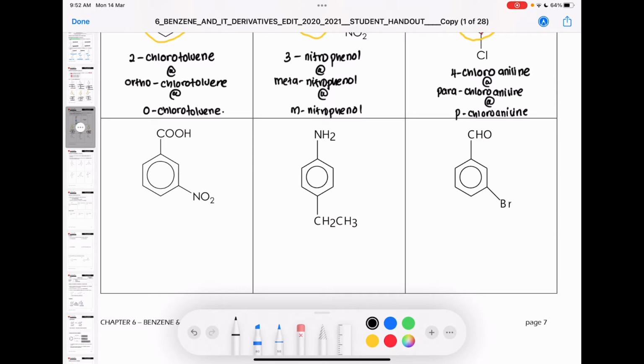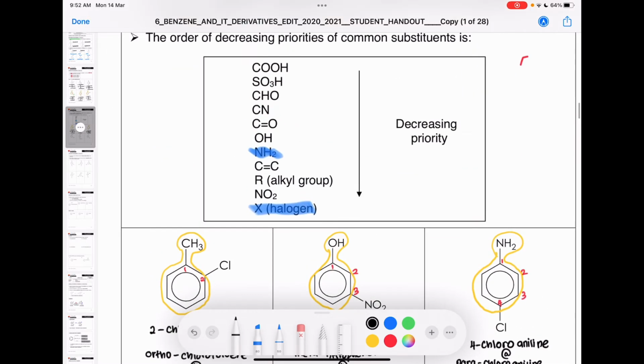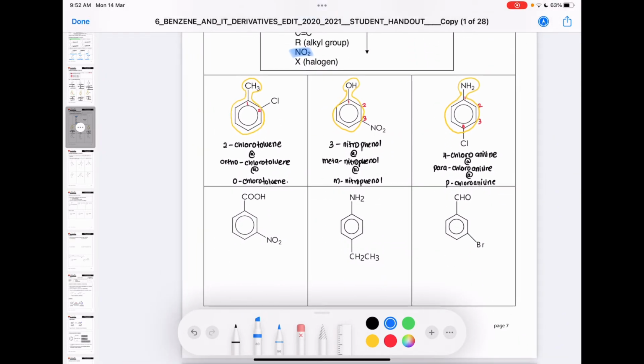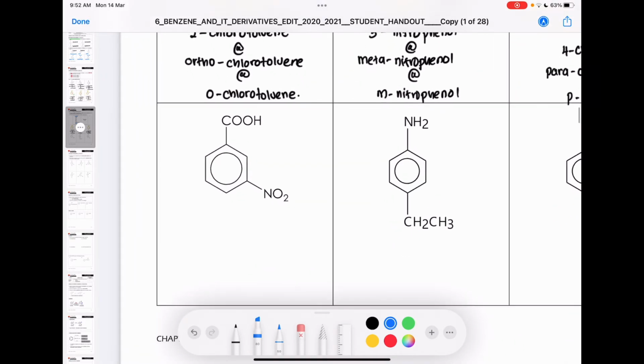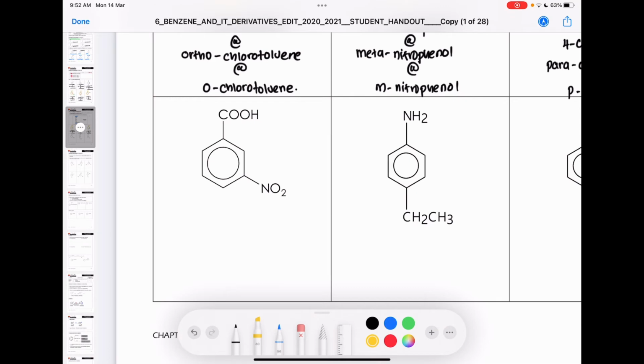Okay, so let's see. So between COOH and NO2, if you refer here, we have COOH and we also have NO2. So COOH will be the parent chain.